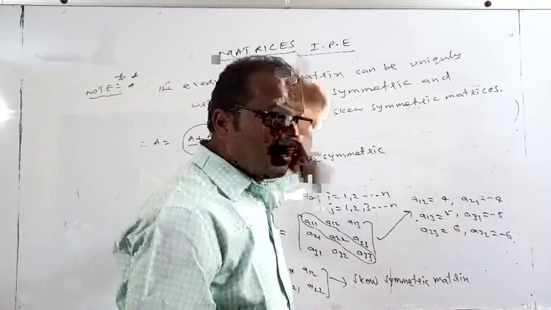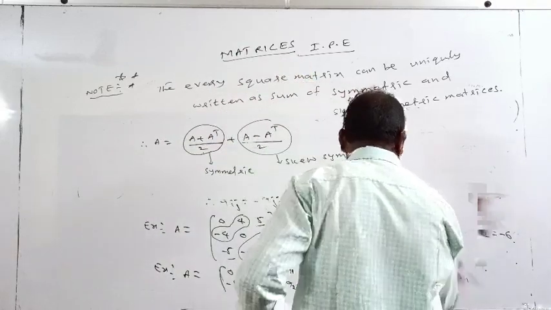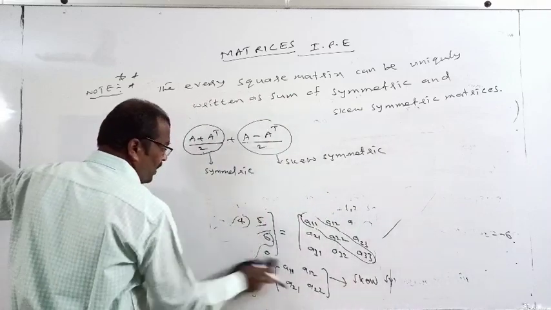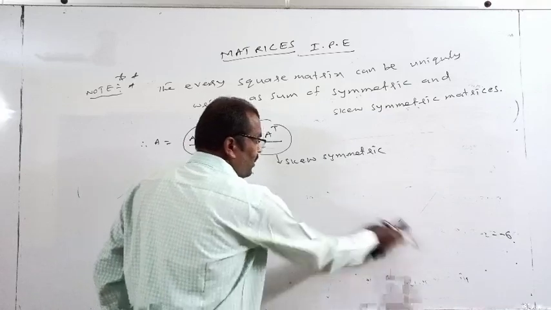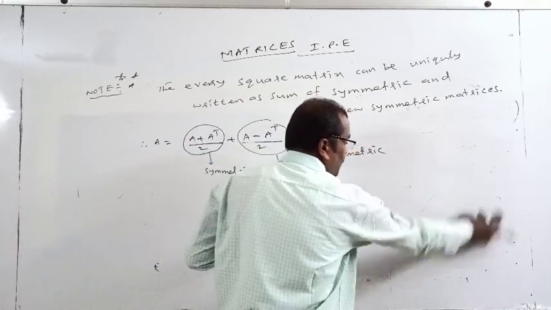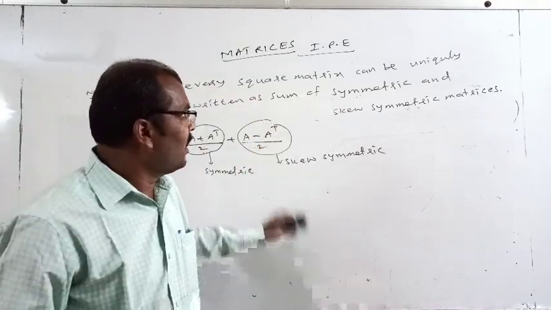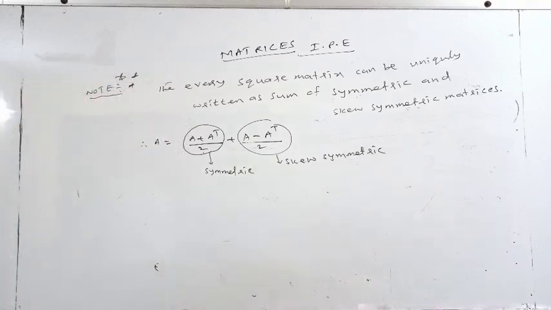So symmetric plus skew symmetric is always equal to the square matrix. It will be a very useful property when you are doing entrance problems like MSET, mains and IIT. Now we can start exercise 3C. Very easy exercise.